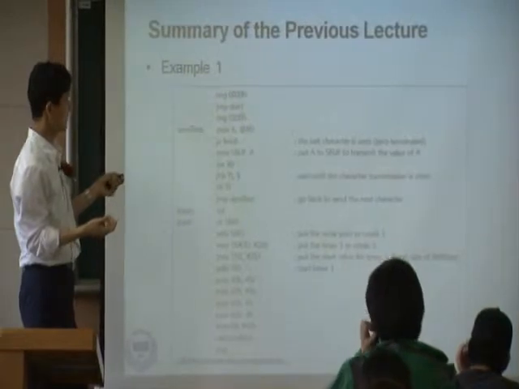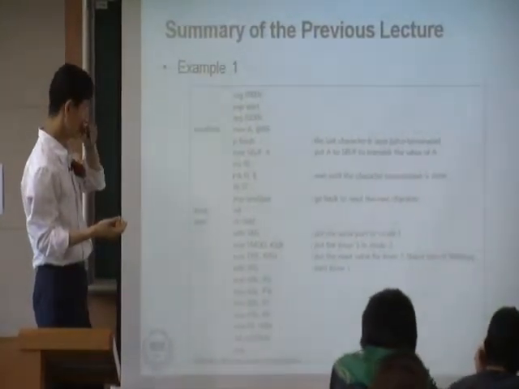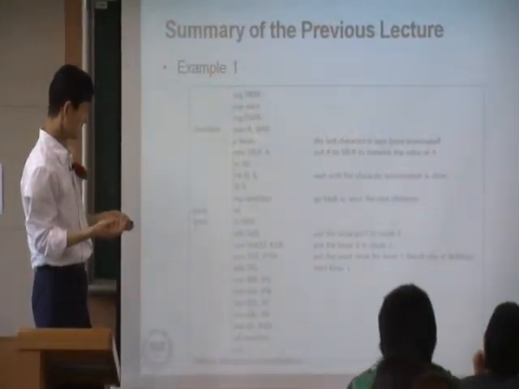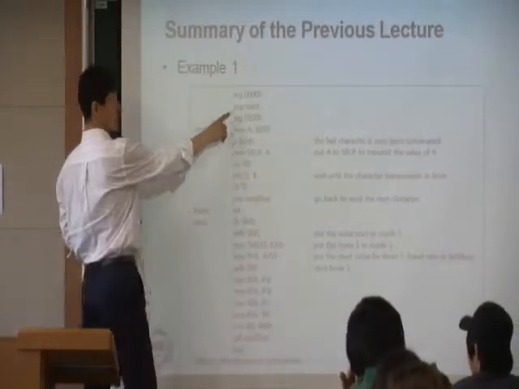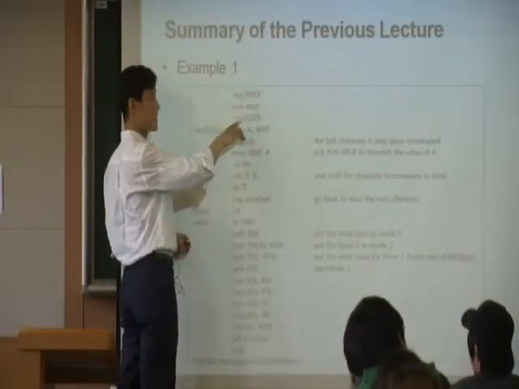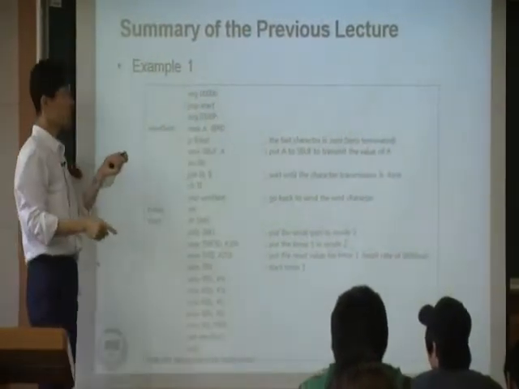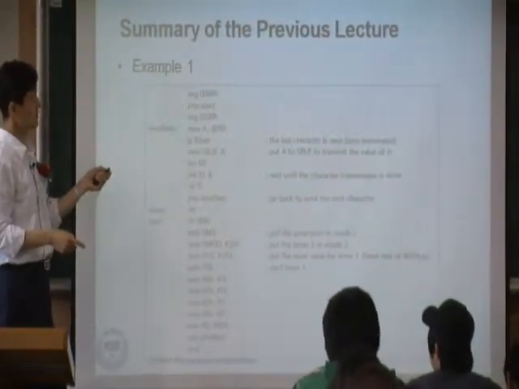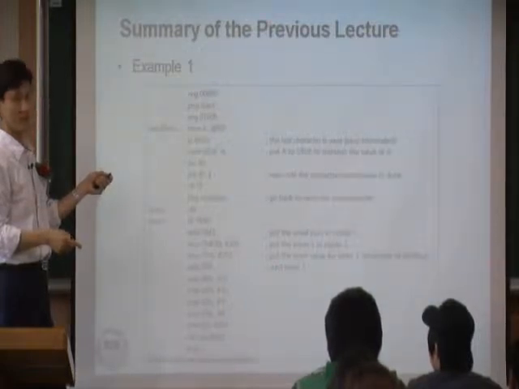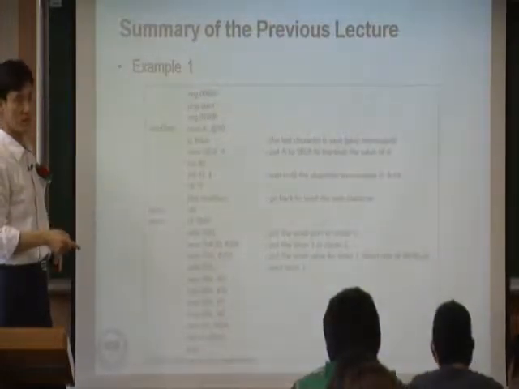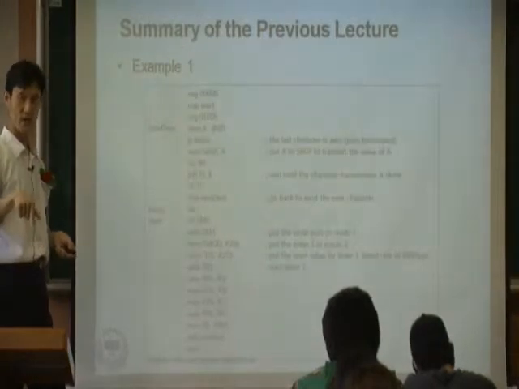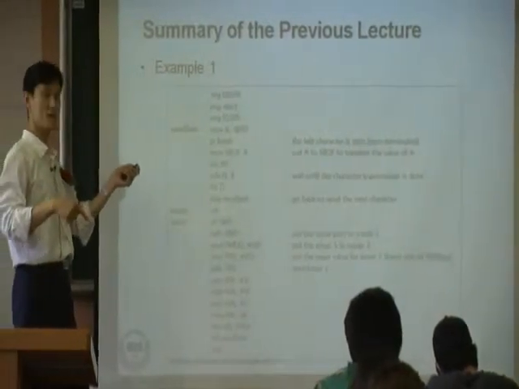Let's look at an example here. Start from the basic. This is a reset vector. Remember that whenever you reset the hardware, we always start from 0, 0, 0, 0.